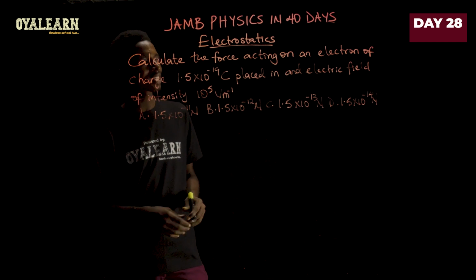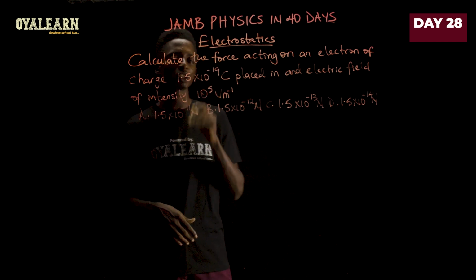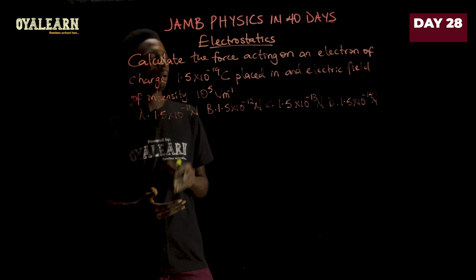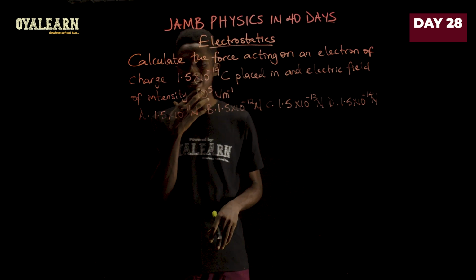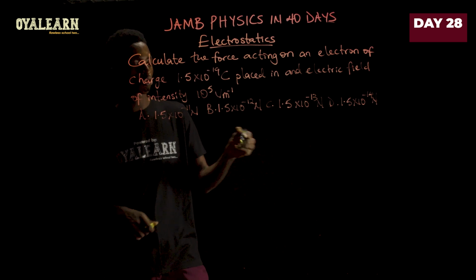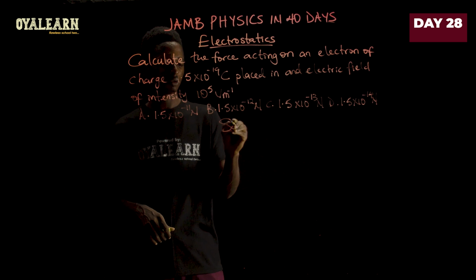Calculate the force acting on an electron of charge 1.5 times 10 raised to the power minus 19 coulombs placed in an electric field of intensity 10 raised to the power 5 volts per meter. So to solve questions like this, here's what we do.